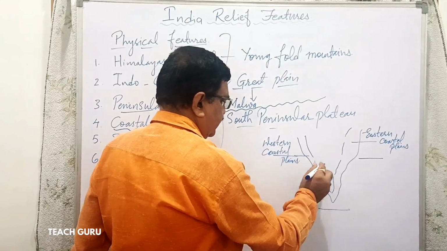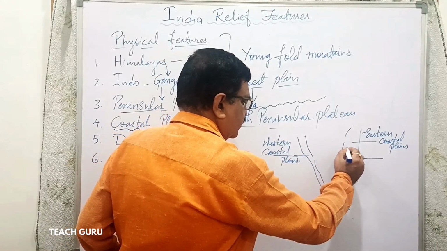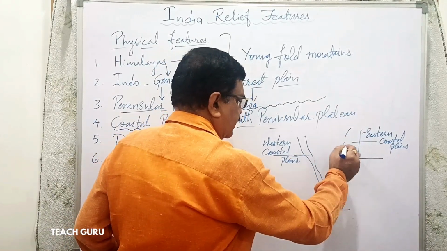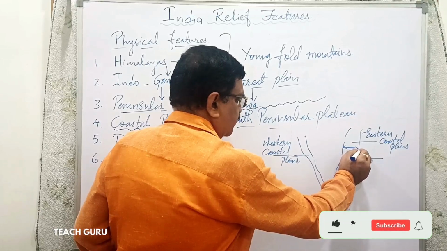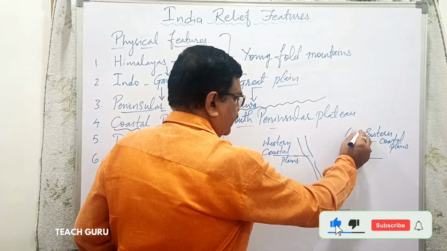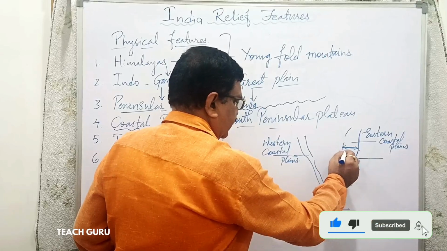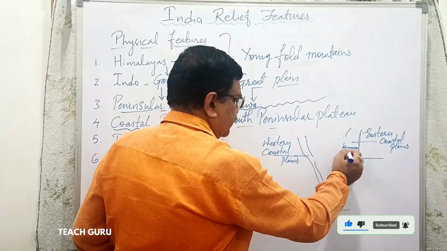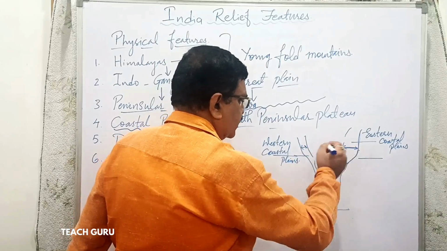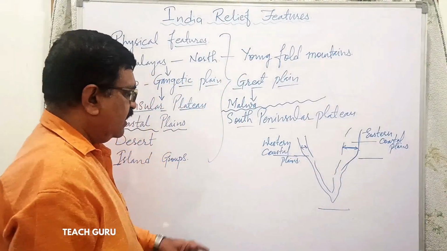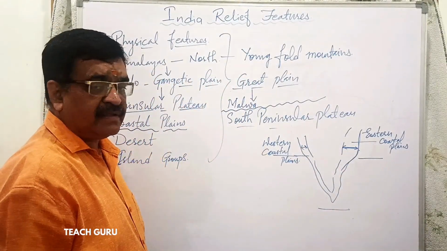There is a high width in between the shore of the sea and the landmass which is present, and here very less width is there. Eastern coastal plains are high width and western coastal plains are low width.